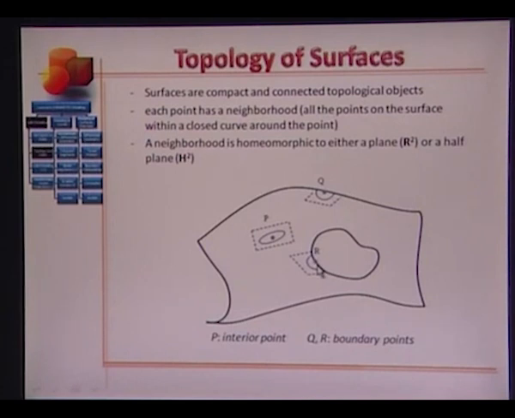For example, I cannot consider the neighborhood of R in this region here. This seems like an internal void. For which reason the neighborhood of the boundary points Q and R are half planes.